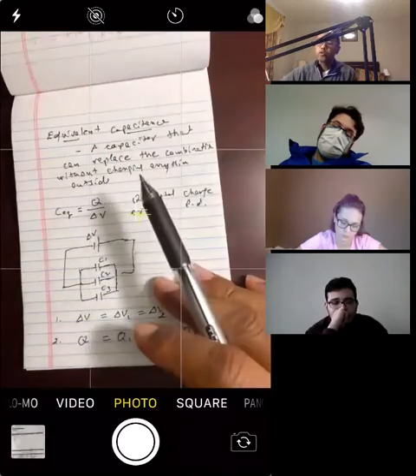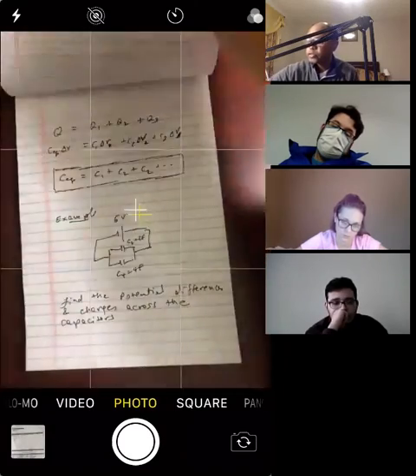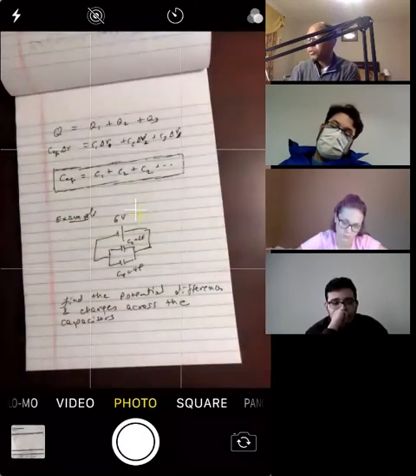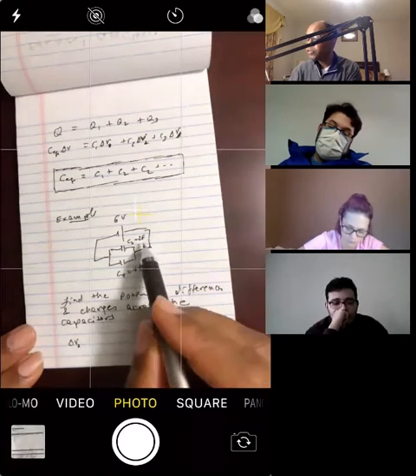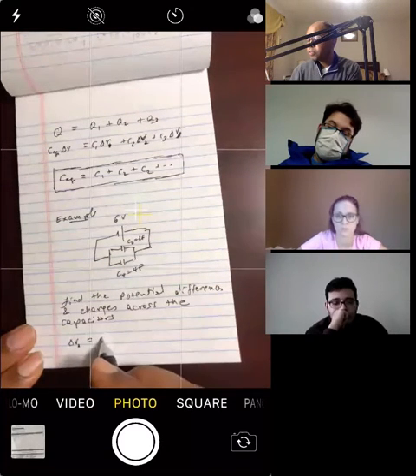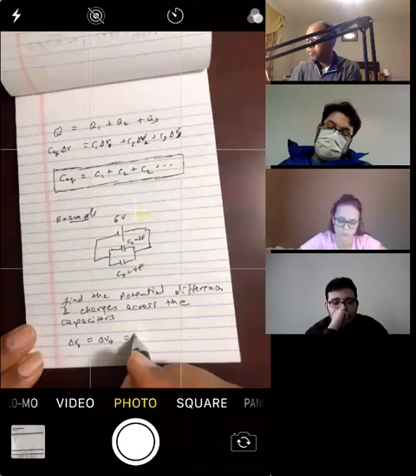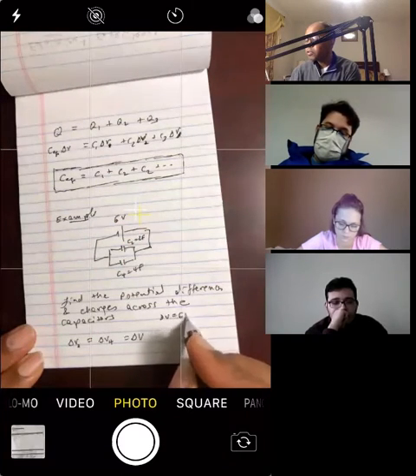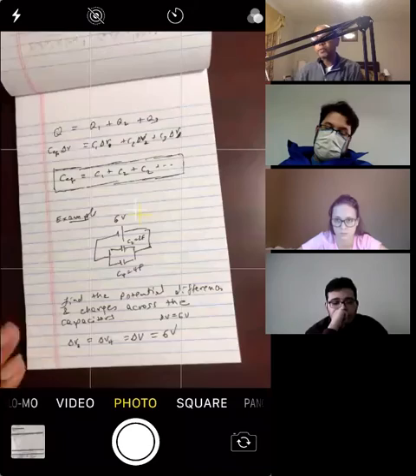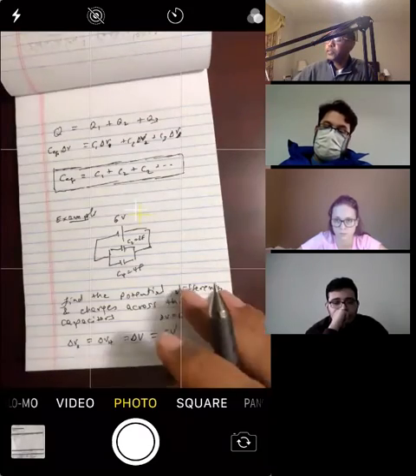So for the potential differences, delta V2, the potential difference across this one, equals delta V4, equals delta V, which is 6 volt. They're all 6 volts.